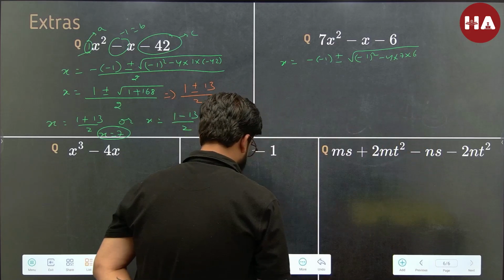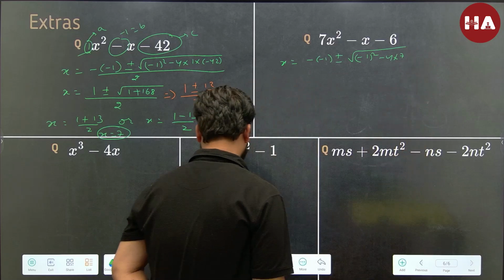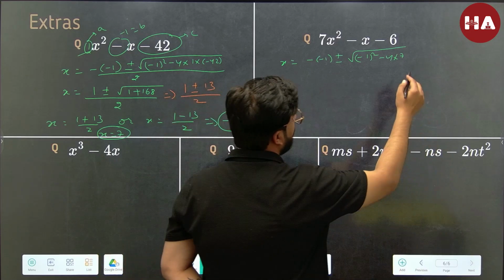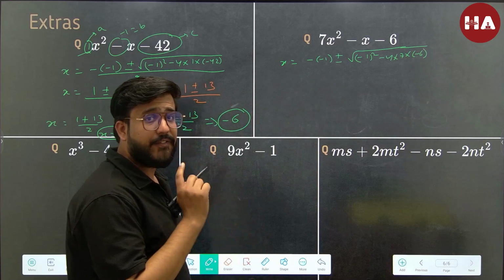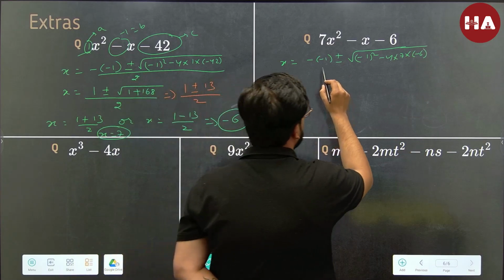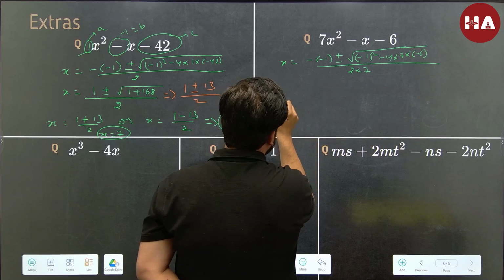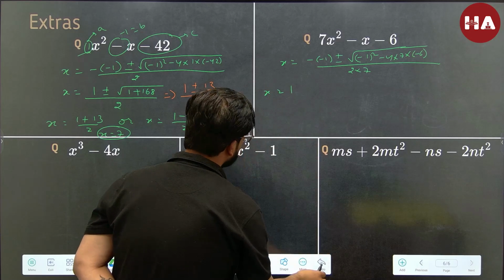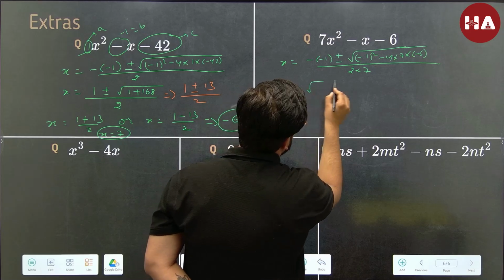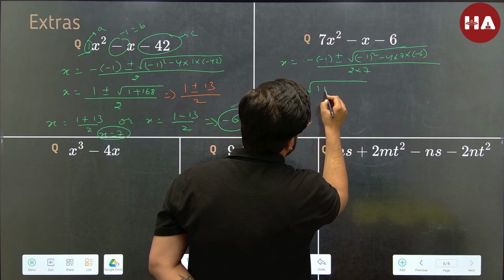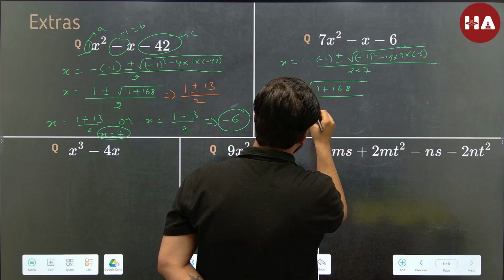So you can see here that it has to be taken with the negative sign. While solving, you have to make sure that you are completing the process and taking every sign into consideration. This will be 2 multiplied by 7. So x will be formulated as 1 plus minus root of what? 1 plus 168 over 14.